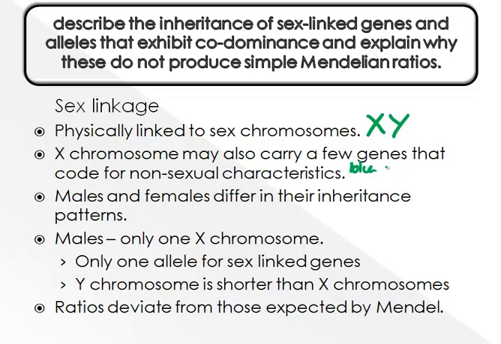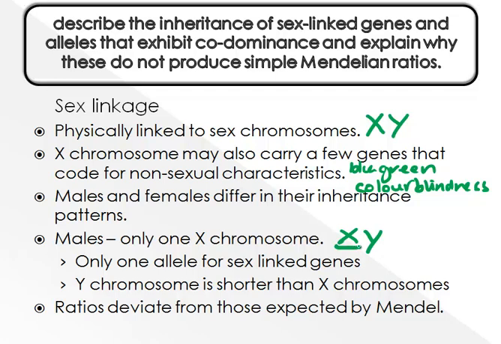Males and females differ in their inheritance patterns, and that's because the Y chromosome doesn't carry as many genes as the X chromosome. Males only get 1 X chromosome, so they are XY.